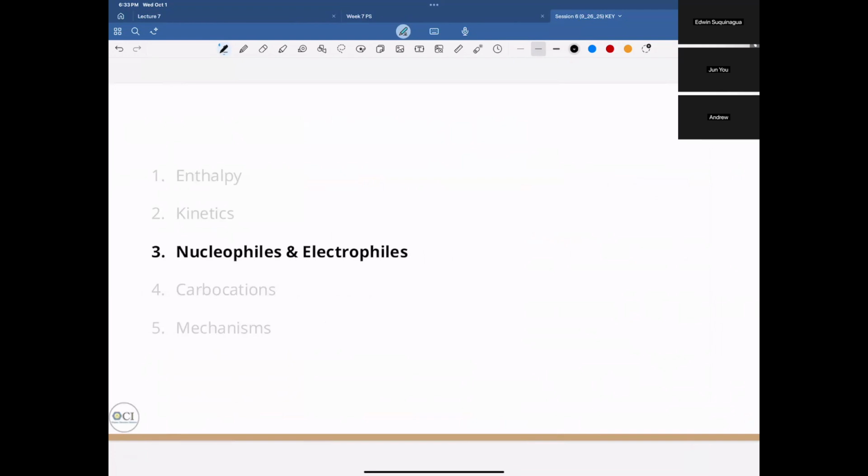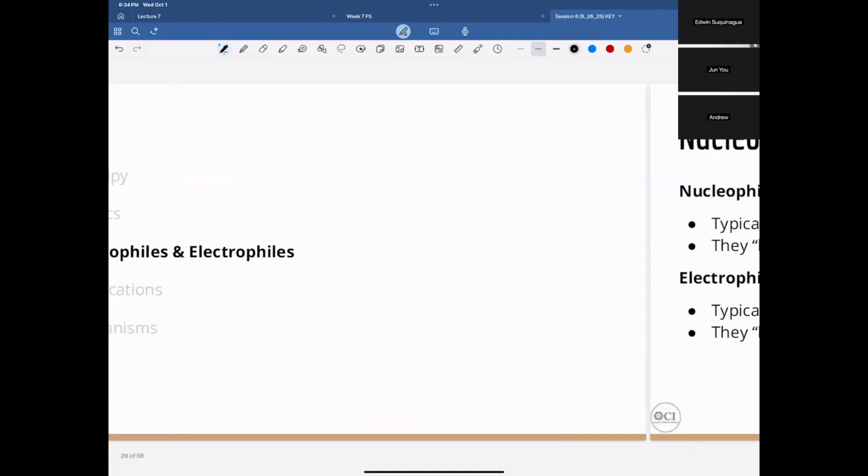We're going to move on to our third topic. This subtopic is very important: nucleophiles and electrophiles, because the reactions and mechanisms that we do in organic chemistry usually revolve around nucleophiles and electrophiles. So being able to identify these is very important, and knowing how to differentiate them.